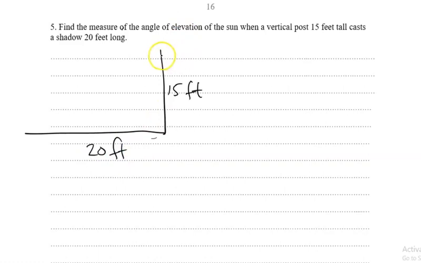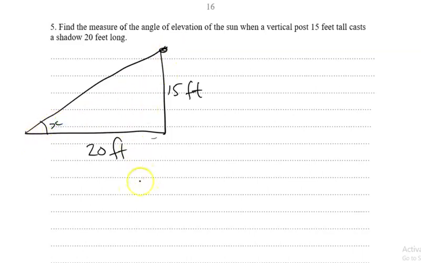Now for the angle of elevation of the sun, we'd be looking at the sun, and I don't recommend staring at the sun, it's not good for your eyes. So we want to work out this angle here, so we put x here.